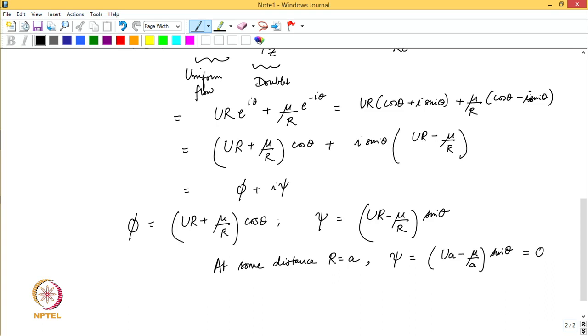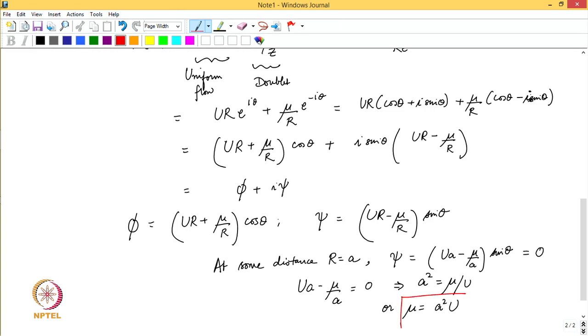Clearly sin θ will not be 0, so we say u a minus mu by a is 0, which implies that the square of the distance, a squared, is mu by u, or mu is a squared u.